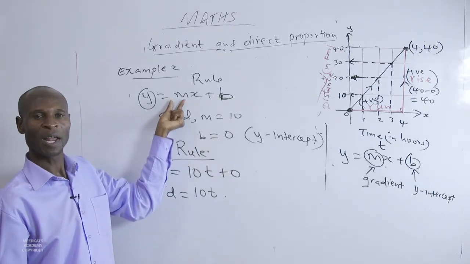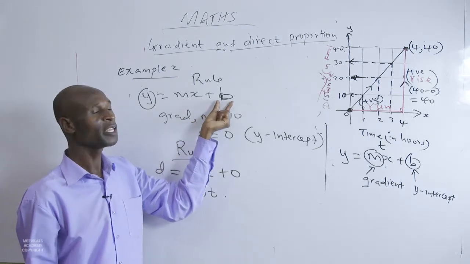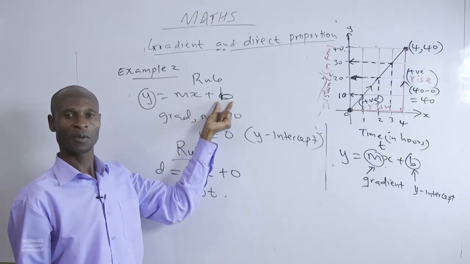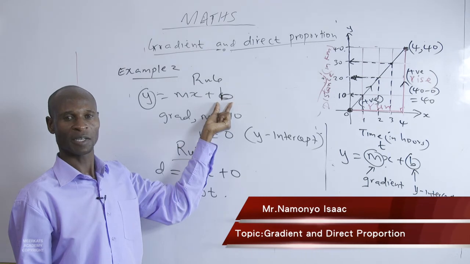M is normally a constant which represents gradient, and finally b is a constant which represents y-intercept. Thank you.